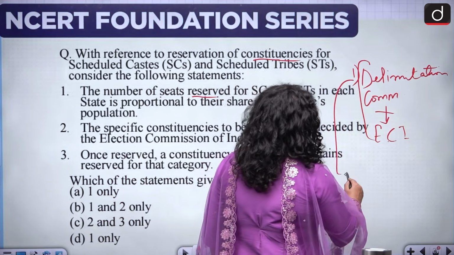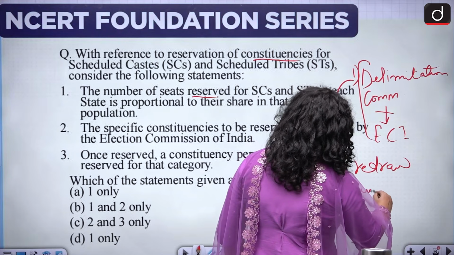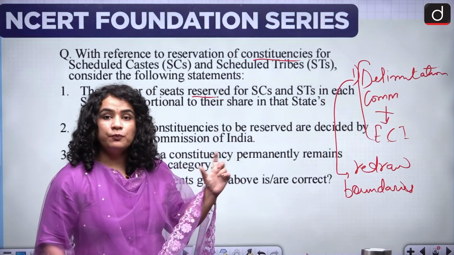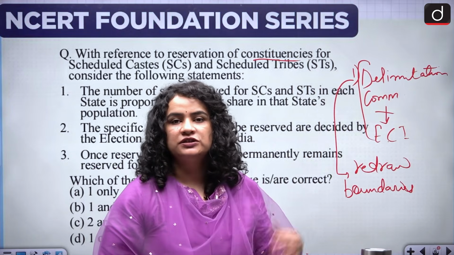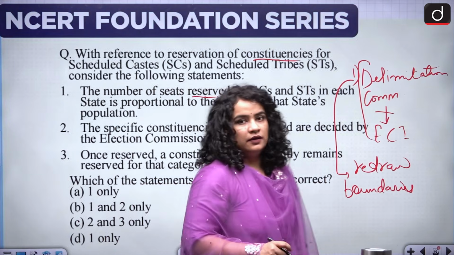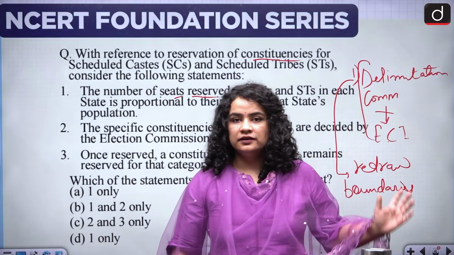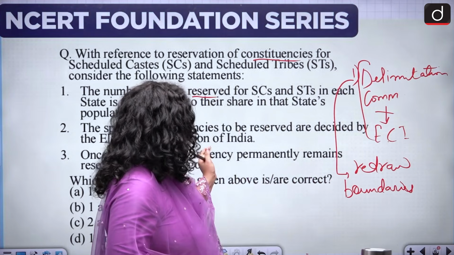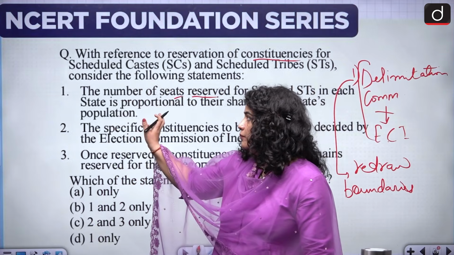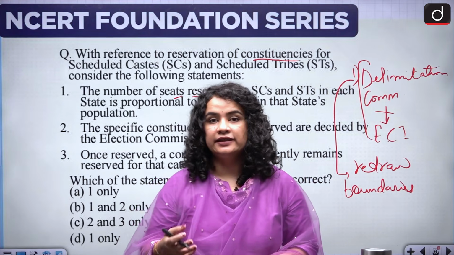Its primary mandate is to redraw the boundaries of each constituency in order to reflect proportionately the change in population after every census. Here again, the Delimitation Commission reserves seats in each state as per the population of the SCs and STs in that state.